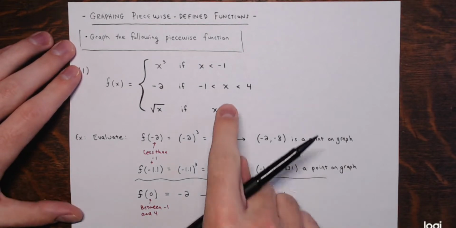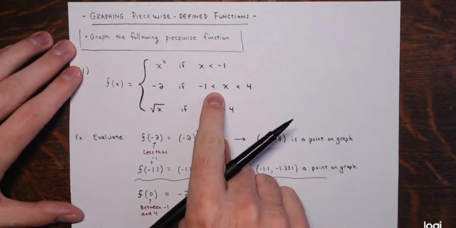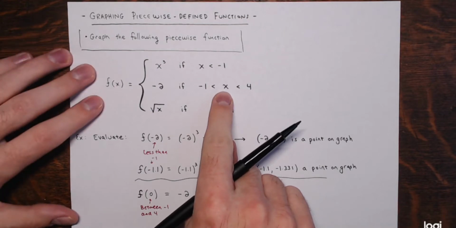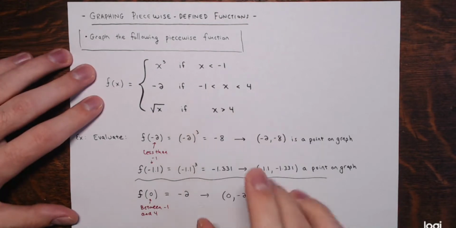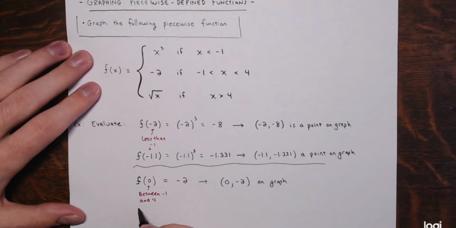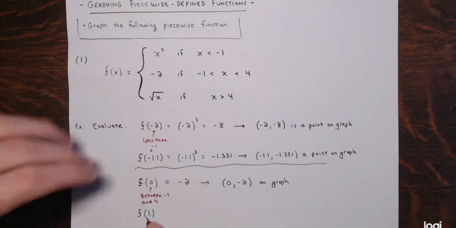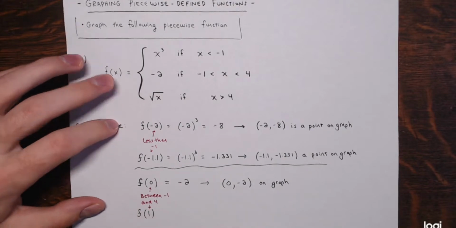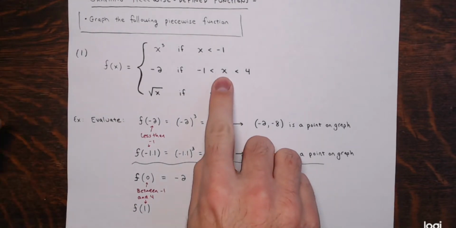Let me just do one more of these. Just pick an input, some value of x between negative 1 and 4, say 1. That's also an input between negative 1 and 4, and it satisfies this middle condition.